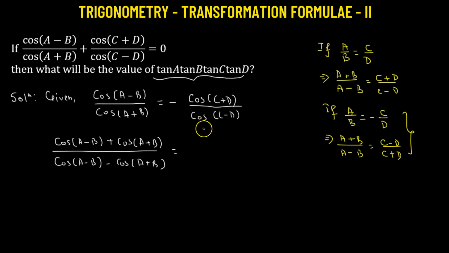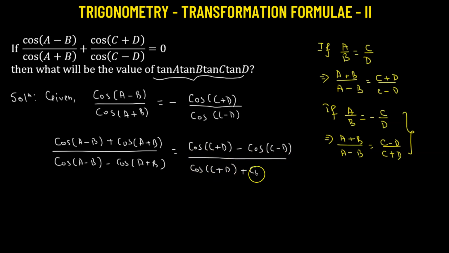This is going to be equal to, on the right side, cosine of angle (c plus d) minus cosine of (c minus d), divided by cosine of (c plus d) added to cosine of (c minus d). So by using the method of componendo and dividendo, we have rewritten our ratio as given in 1 in the new format.